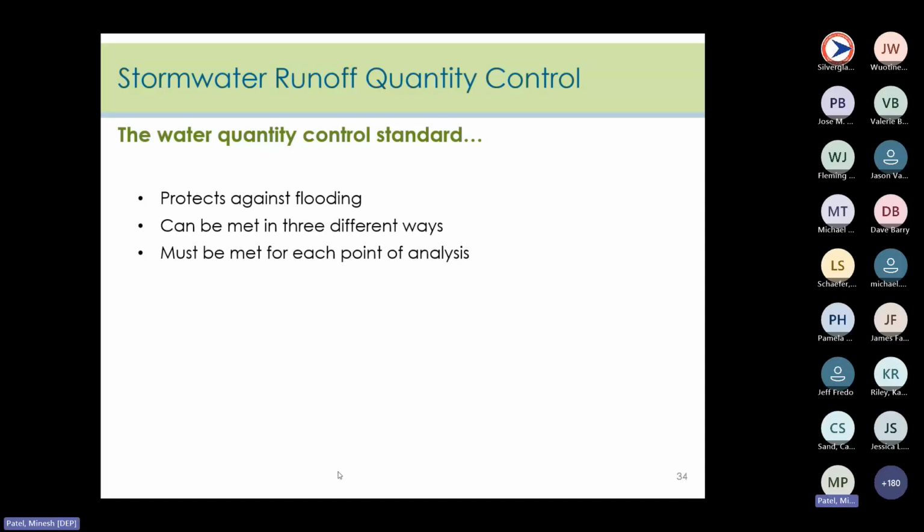In Module 1, we did cover the different options a designer can choose to follow. I'll briefly go through the options to meet water quantity control, as we found this is being done incorrectly in many of our reviews. It is important to note that the reviewer must make sure that all points of discharge from the site must meet the water quantity control standard, and if not, then the project is not going to be compliant.